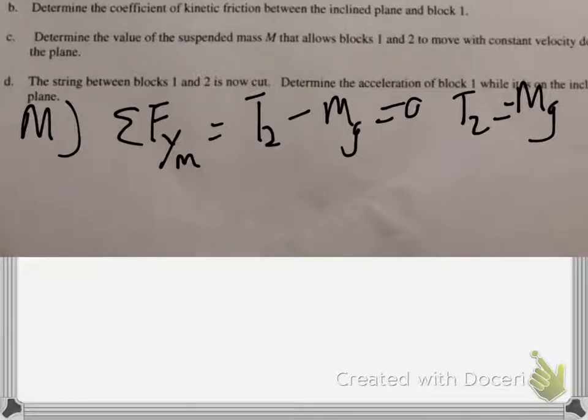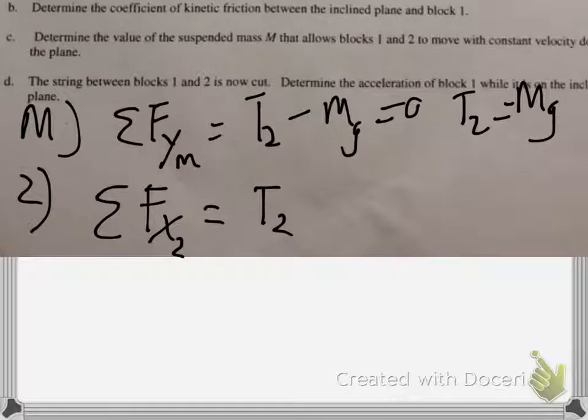Okay, let's look at block 2. Let's look at our forces in the x direction. We have T2 to the right. And we have T1 pulling it down. And since M2 is moving downwards, friction force is actually up, so the friction force is actually positive.